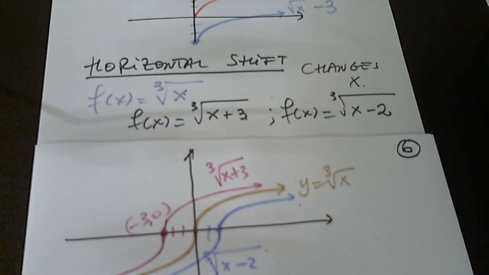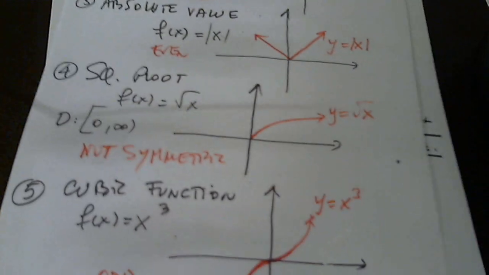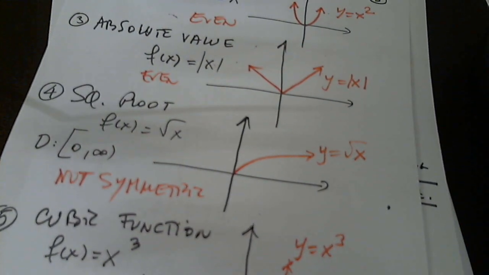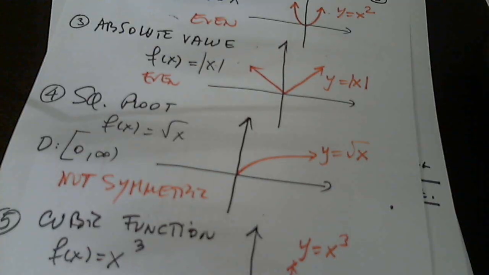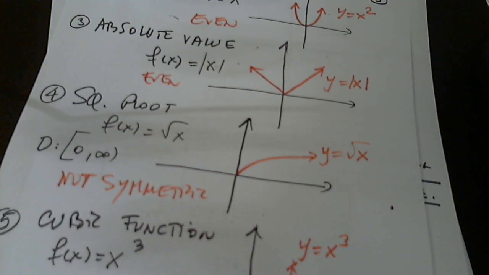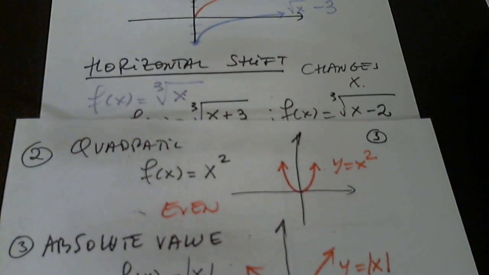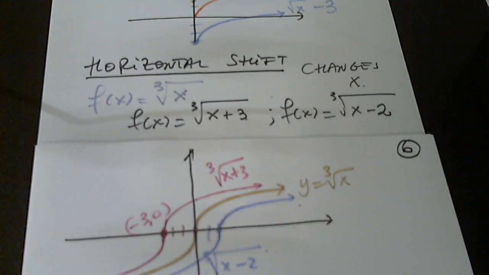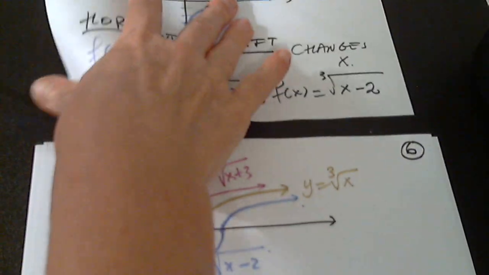Okay, let's illustrate with one more function. Horizontal shifts. And then we'll try a combination of both. Let's do x squared this time.